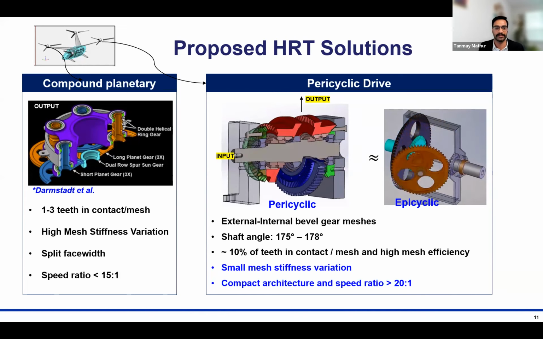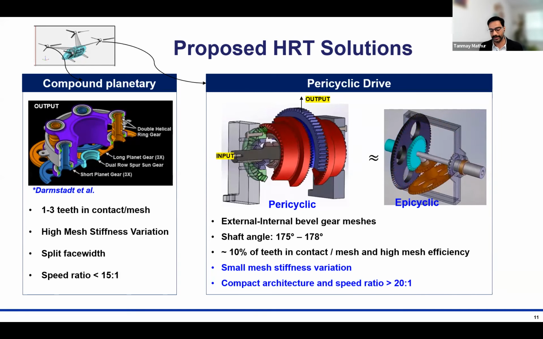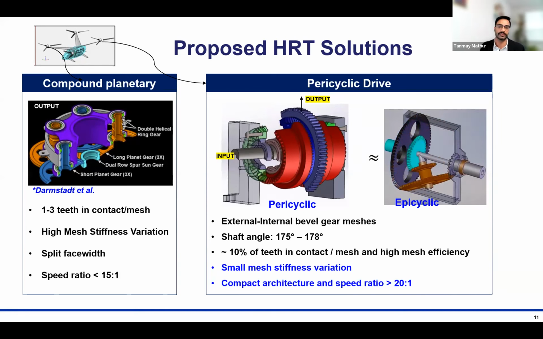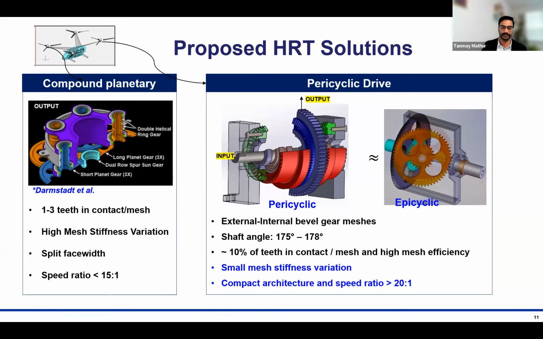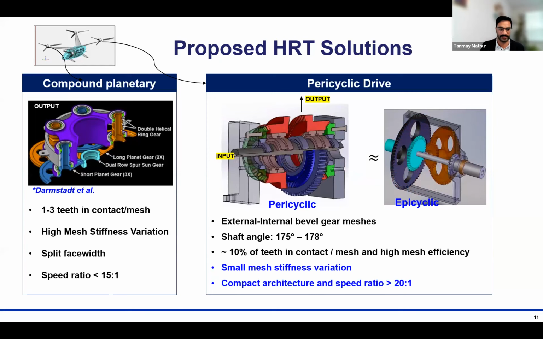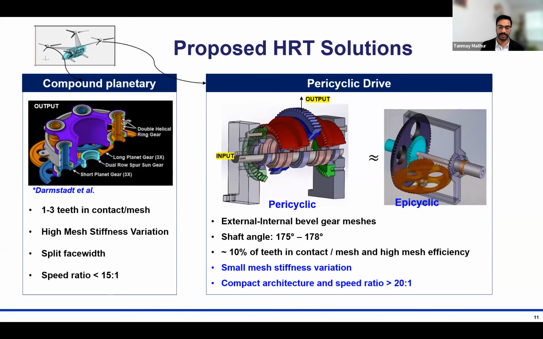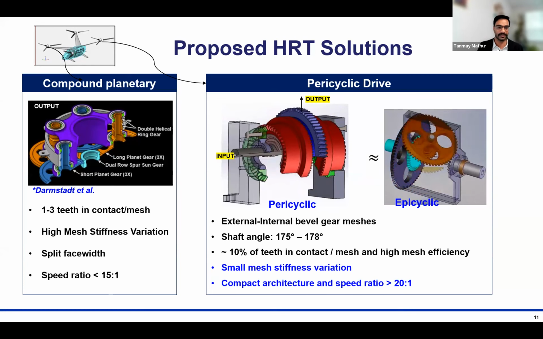Here you have an external and internal bevel gear mesh at a very large shaft angle. And what that lets you do is bring in a large number of teeth in contact, well beyond what's described by the involute line of action. So the more you load it, the more teeth come into contact.